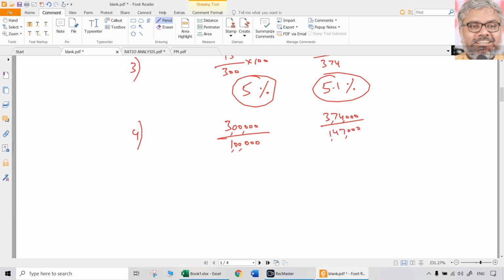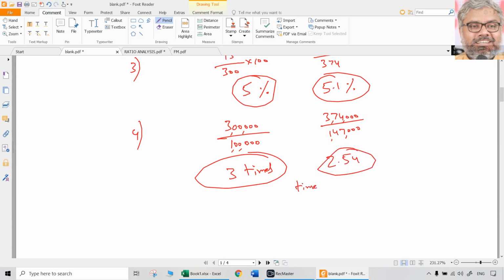That's all. Because it is a turnover ratio, you should not do percentage. It should be only number of times. So 300 by 100 means 3 times. So the capital turnover happened 3 times. 374 by 147 is 2.54 times.